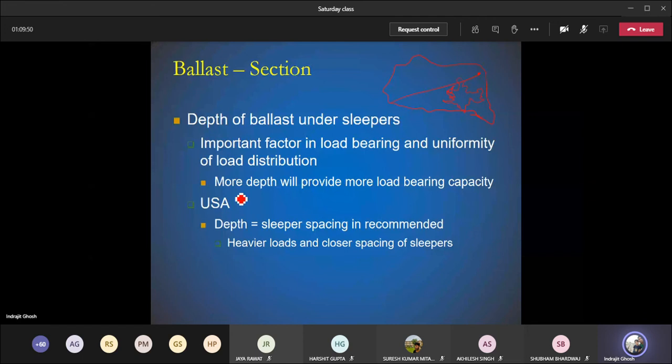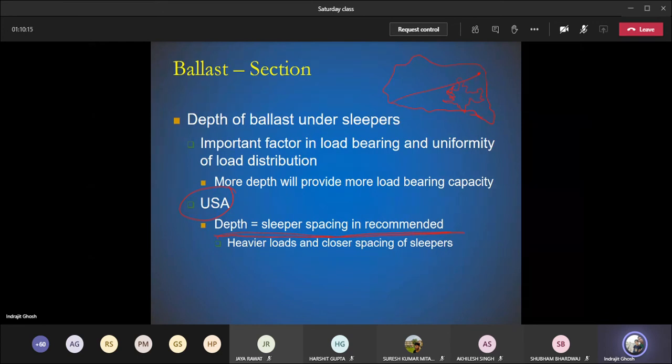So in the United States, they follow one thing: the depth of the ballast under the sleeper is going to be the sleeper spacing. Now when you have a train system which is mainly used for the movement of freight, heavier load, automatically you expect that the sleepers will be placed close to each other.